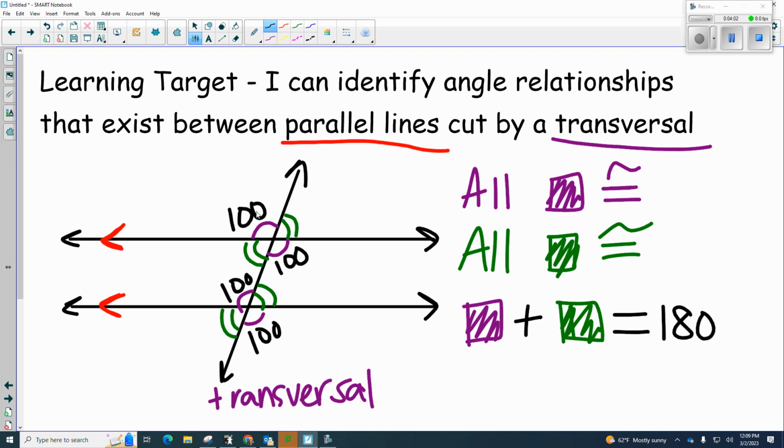So now that I have the 100 here, if I do 180 minus 100, I'm left with 80 degrees for this green angle. And since all the green angles are congruent, I can now put an 80 in every single green angle, and we now have all of the measures of all 8 angles.